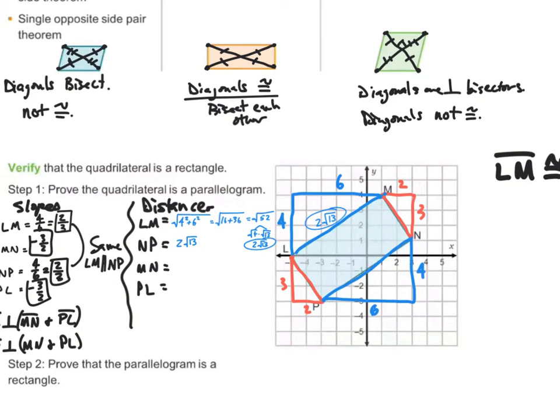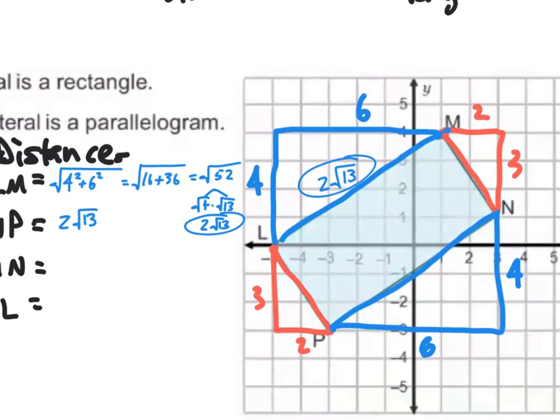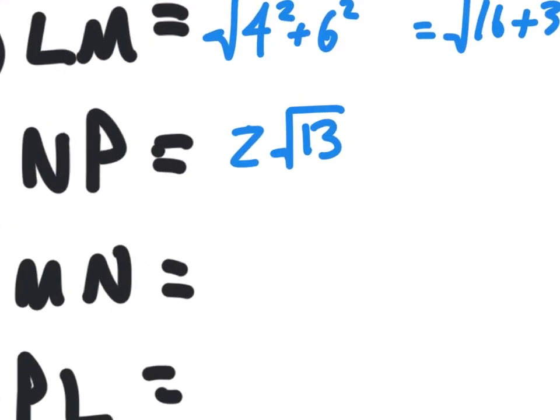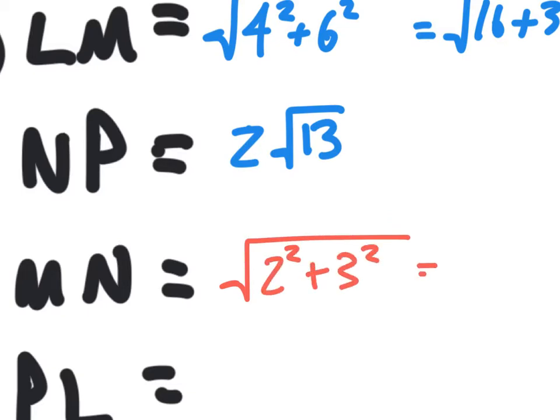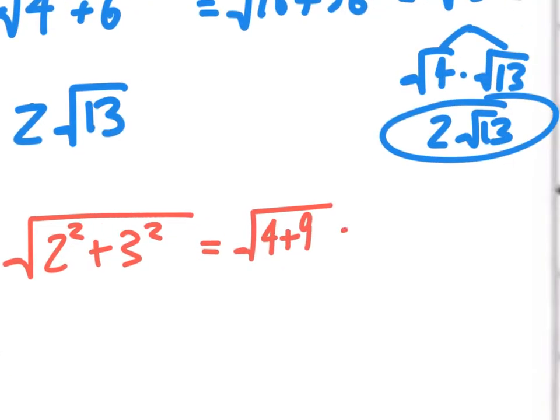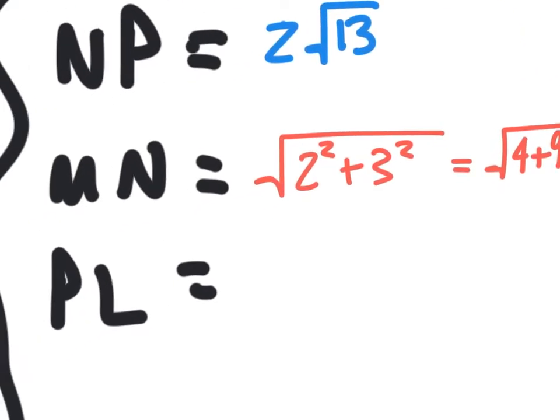So for MN, let's do that one. MN is going to be the square root of 2 squared plus 3 squared, which is going to give me the square root of 4 plus 9, which equals the square root of 13. Now, because I get the same thing for PL, this is going to be the square root of 13.